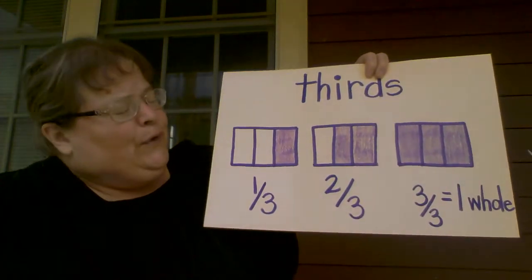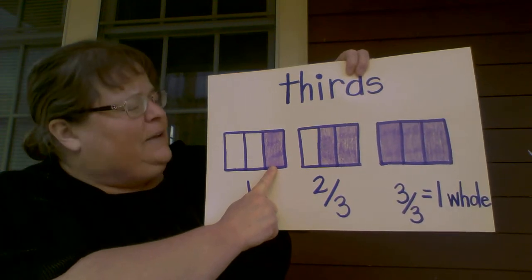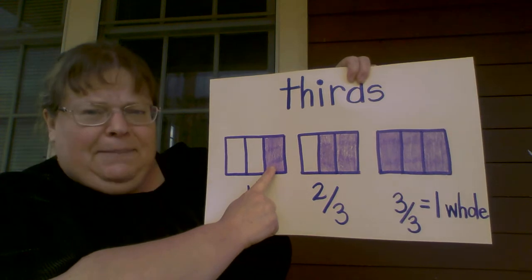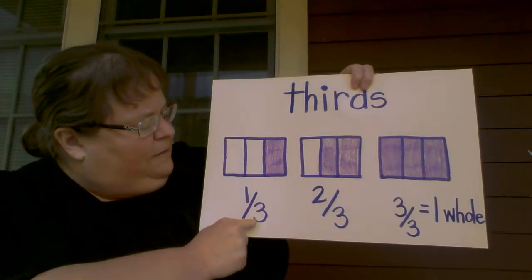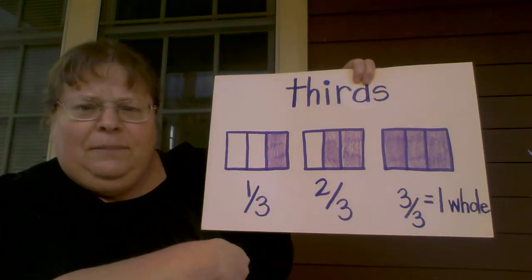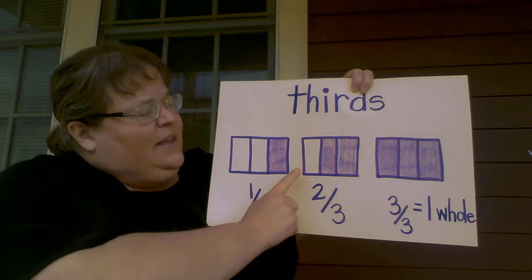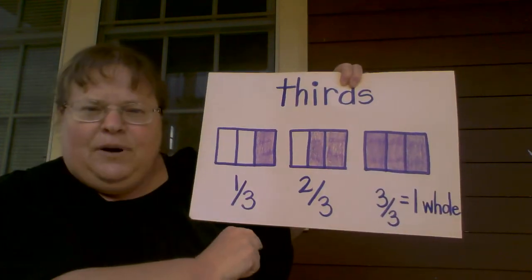So, this one is called thirds. 1/3 of the rectangle is colored purple. We cut the rectangle into 1, 2, 3 pieces, 3 equal pieces, and 1 out of 3 are colored purple. Well, this is 2/3. 2 out of 3 are colored purple.